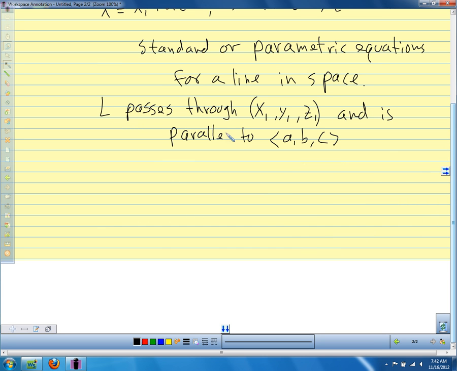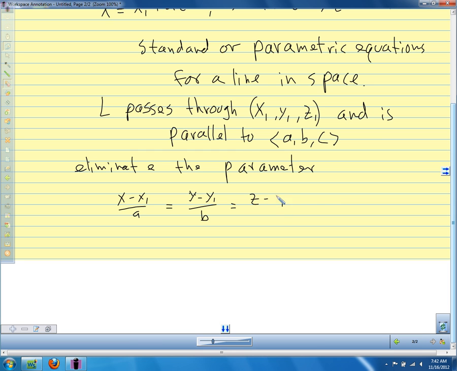So we're going to eliminate the parameter, and we get that x minus x1 over a equals y minus y1 over b, and that equals z minus z1 over c.